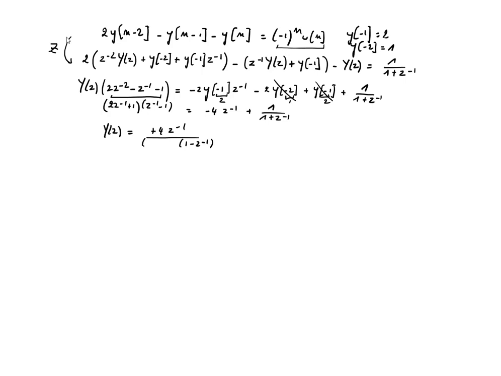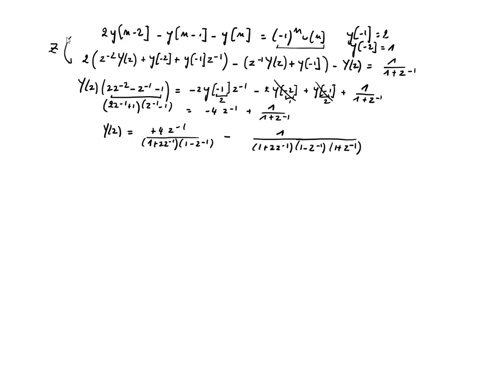And here we'll write it as 1 plus 2z^-1. And here we'll put a minus sign for the same reason. So it's 1, and then we'll have 1 plus 2z^-1, 1 minus z^-1, and 1 plus z^-1.